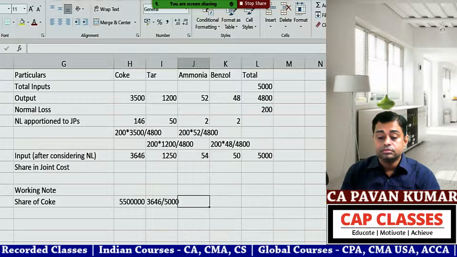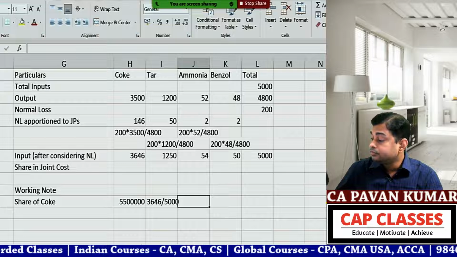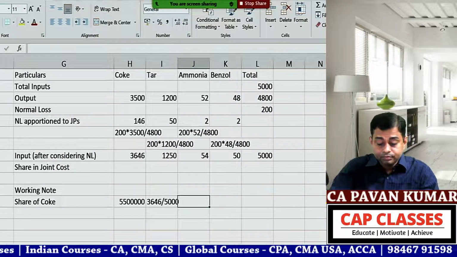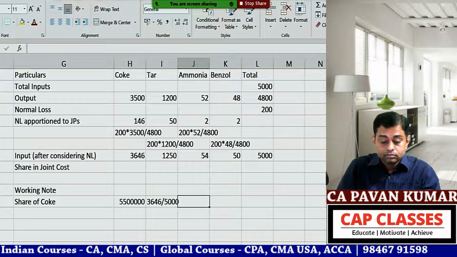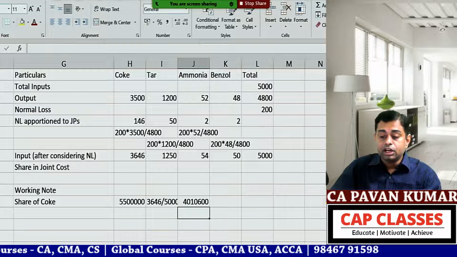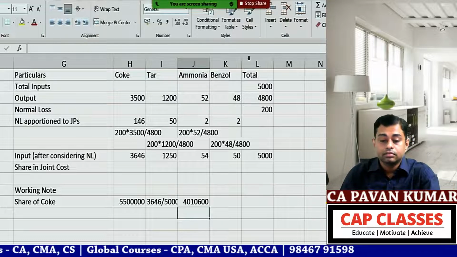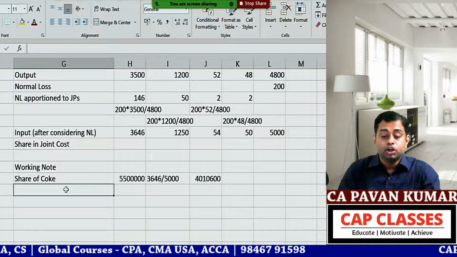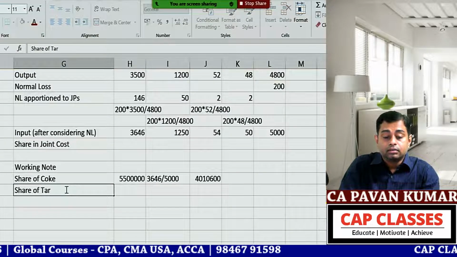That comes to, calculate, 40 lakhs 10,600. I can use formulae, but you will not understand. 40 lakhs 10,600.